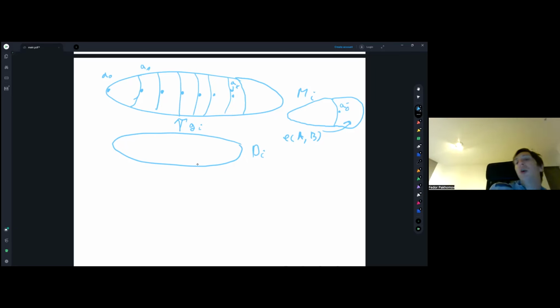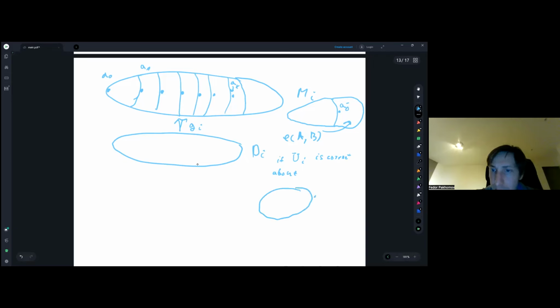And so basically, due to the way these additional elements are constructed, what is happening is that if the theory UI is correct about something like this thing, and then you have this AI, then it's correct about this whole layer, right?